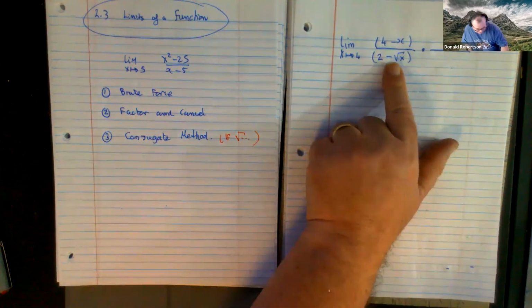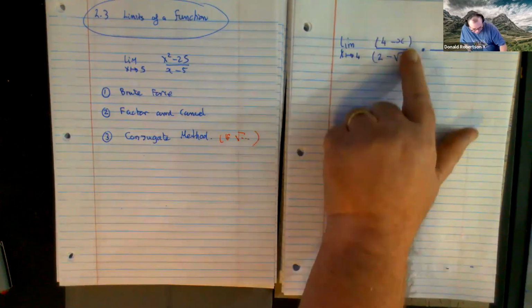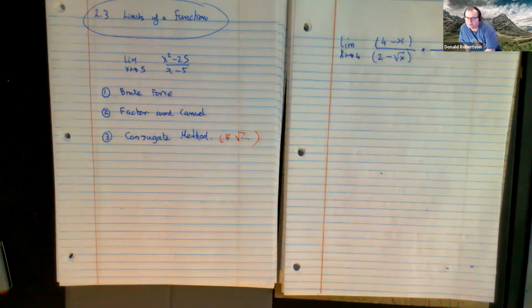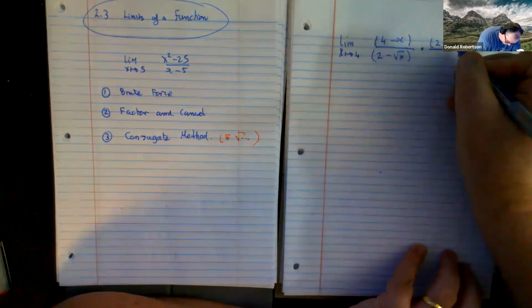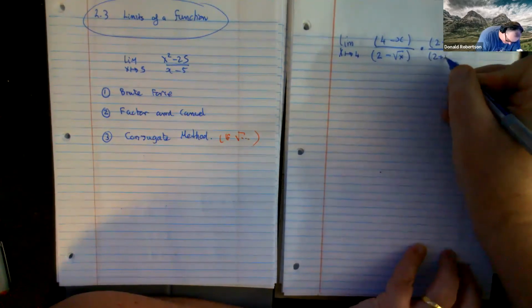Now, there's a rule in mathematics that says if you've got a fraction and you multiply it by 1, you don't change its value. But we're going to multiply it by a special version of 1. 1 could be just 1 over 1, but couldn't 1 be 7 over 7 or x over x or anything you like over the same anything you like? The special version of 1 that we're going to use is called the conjugate. That's why it's given that name.